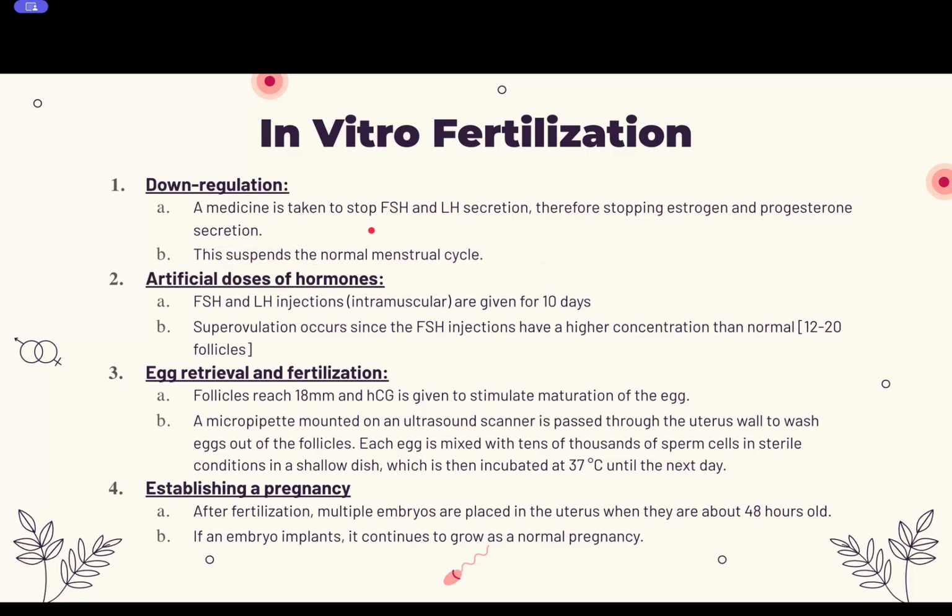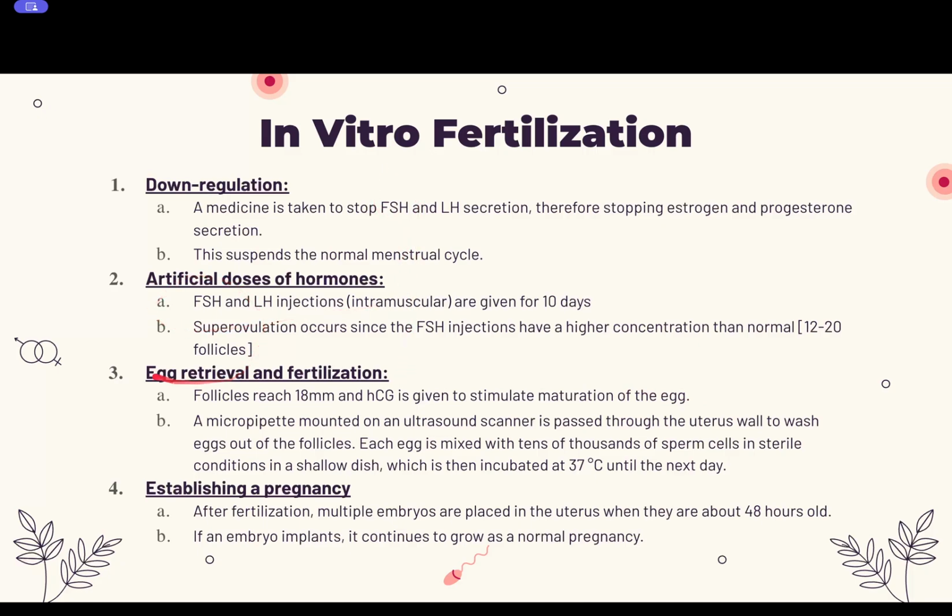It's just FSH and LH, which will then produce estrogen and progesterone. The injections have much higher concentrations than normal, which causes super ovulation, meaning multiple follicles are stimulated at the same time rather than one. Usually it's about 12 to 20 follicles; 12 is the most common, and it can go up to 20 during one cycle of in vitro fertilization.